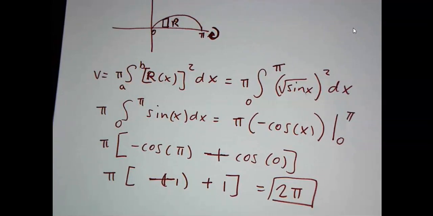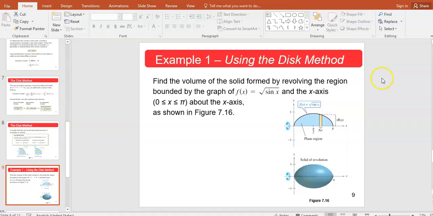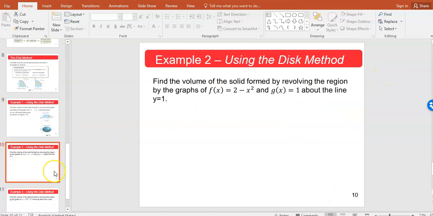My next example, they only give me the functions that I need to do the rotation with, but they don't give me the boundaries. Look at this one, example 2. Example 2 says find the volume of a solid formed by revolving the region by the graphs f of x equal to 2 minus x squared and g of x equal to 1.